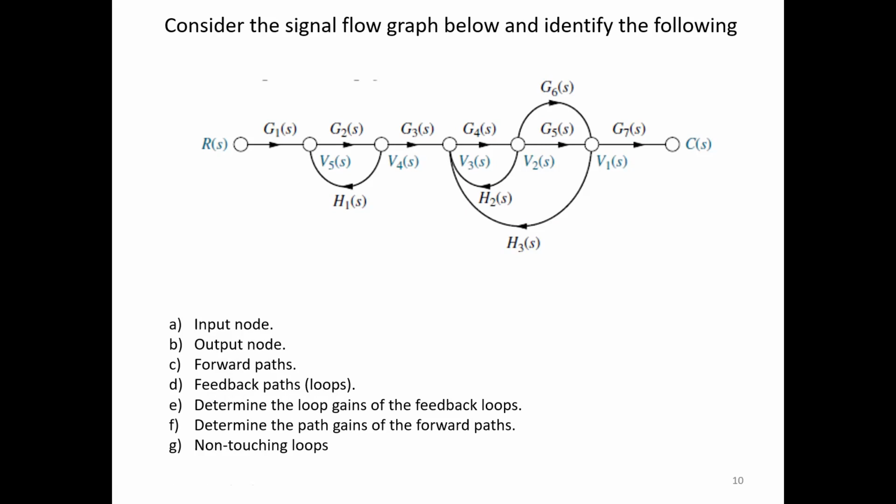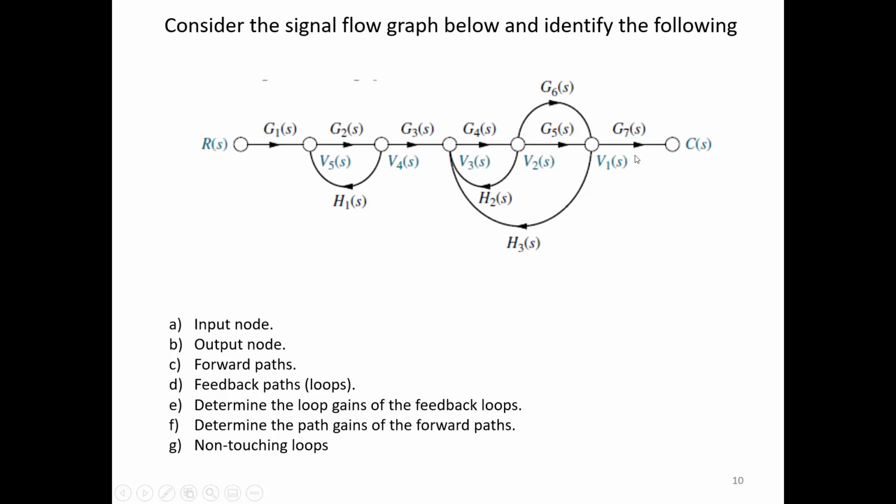Then the determination of loop gains of feedback loops, determination of path gains, and identifying the non-touching loops. So all these things are some analysis we are doing for the given signal flow graph.